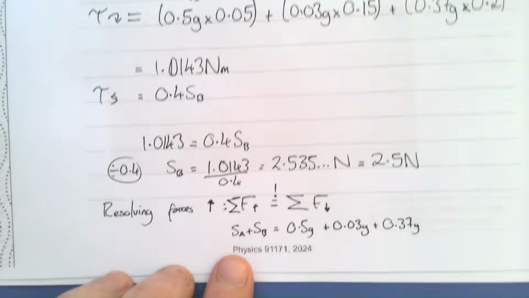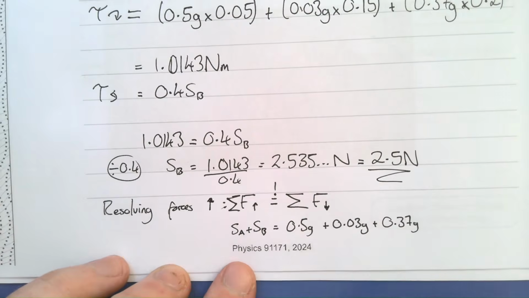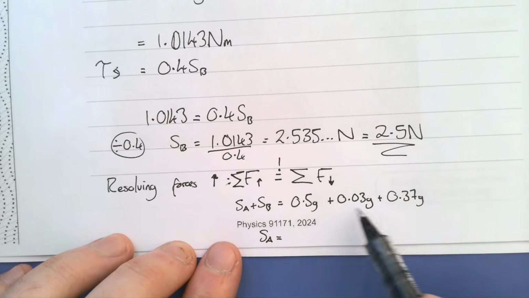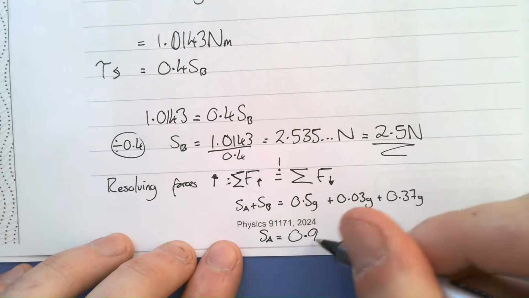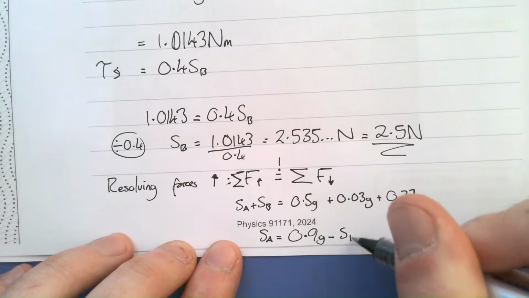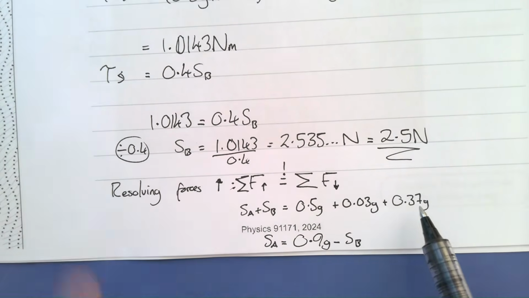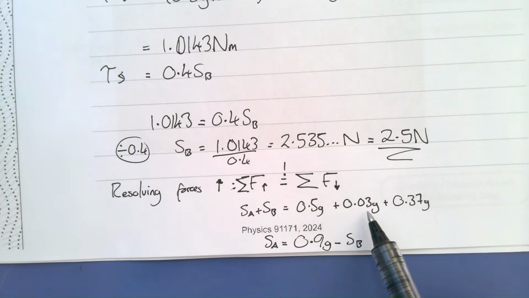And because we want to work out what SA is now, we're going to subtract SB from both sides. So SA is equal to 0.9 G minus SB. All I've done there is collected up the like terms, just like in maths. G is our algebraic term, and so adding 0.5, 0.03, and 0.37 gives us 0.9.